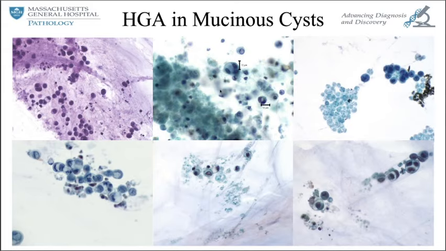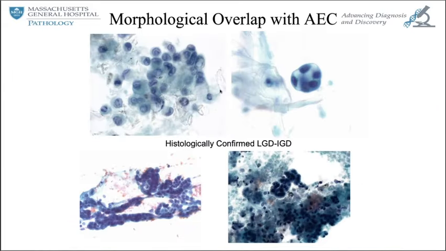I showed you before that it's not a perfect world. You're dealing with, let's say, a 60-year-old patient with a 2 centimeter pancreatic head cyst with no risk features at all by imaging, and they're going to resect that cyst based solely on your cytology diagnosis. And that's happened for me.